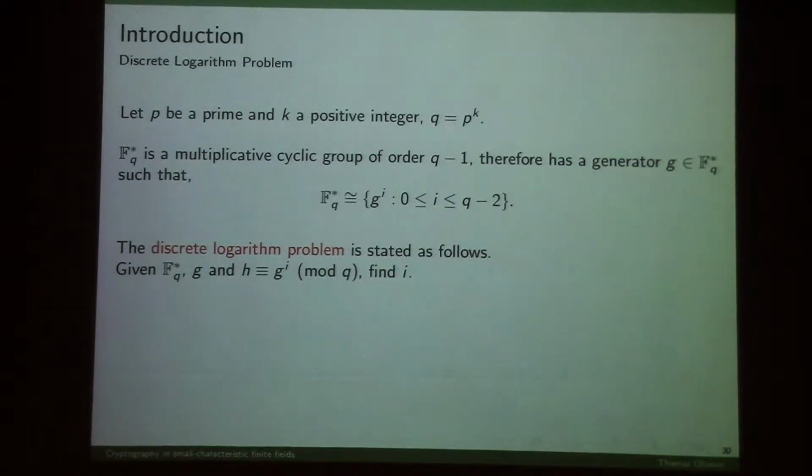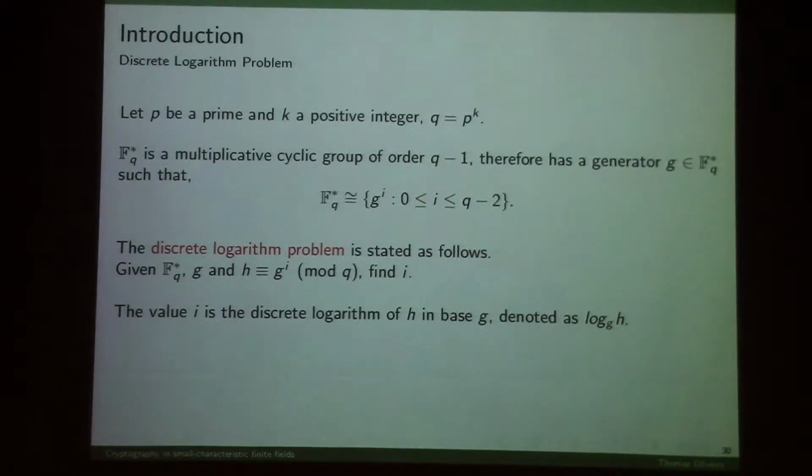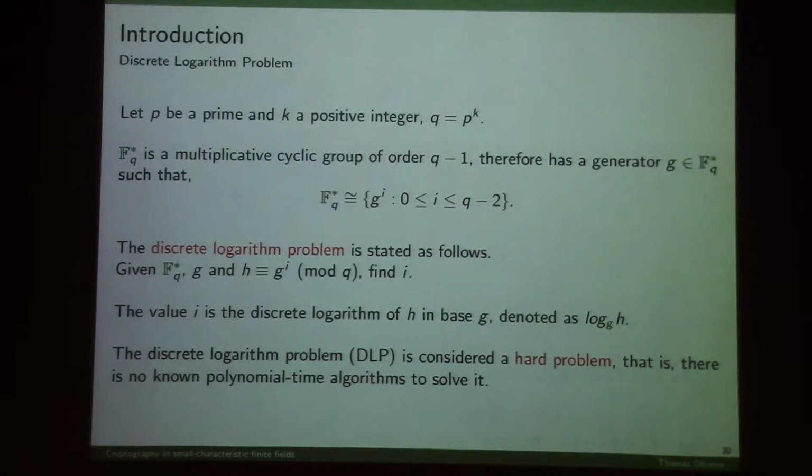Given the field, g the generator, and a random element h generated by g, we want to find this i, such that g raised to the power of i gives h. This value i is called the discrete logarithm of h in the base g. This is a hard problem in computer science. We do not have polynomial time algorithms to solve it.